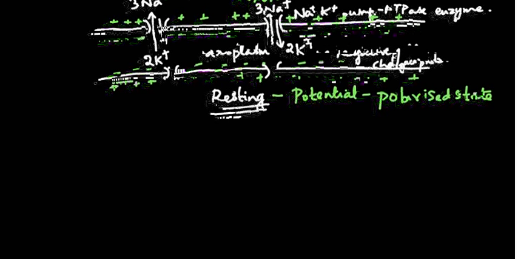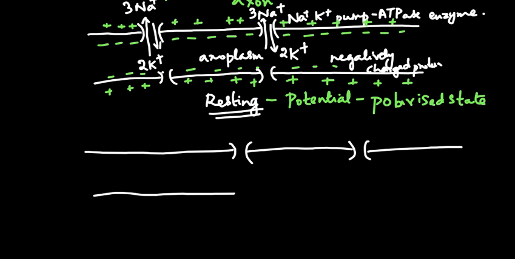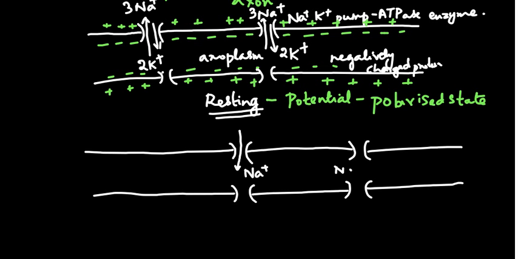When they receive a nerve impulse, the permeability of the axonal membrane changes, in such a way that this time the sodium potassium pump will allow sodium ions to enter into the axoplasm, more when compared to the potassium.